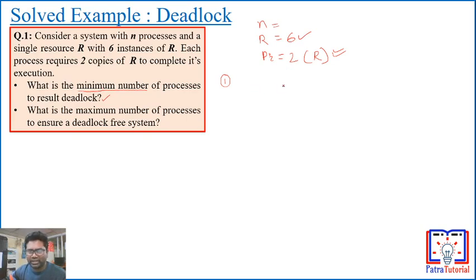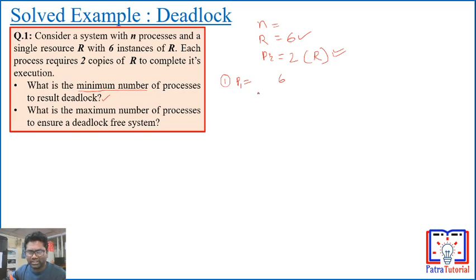So suppose I now have 6 instances of R. Initially I have 6 instances and I am allocating to one process, P1. When the system is in a deadlock state, at least one process must be waiting for at least one instance.